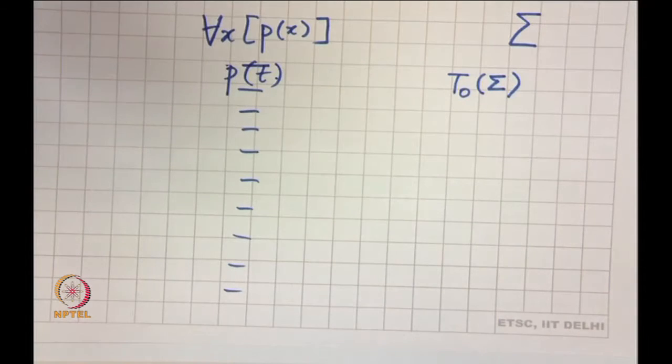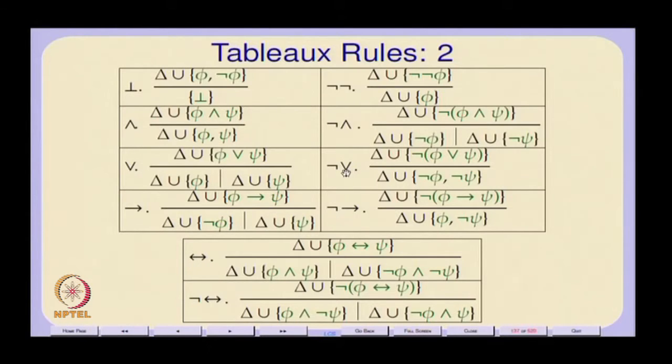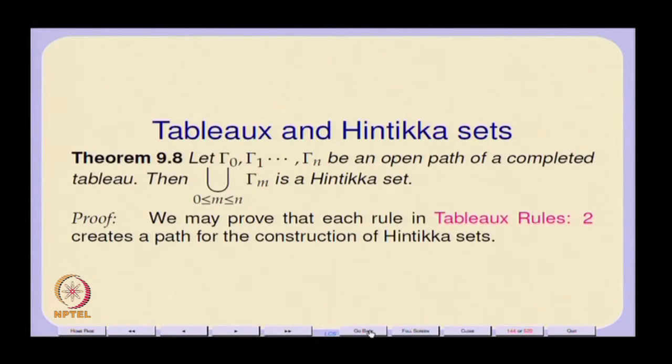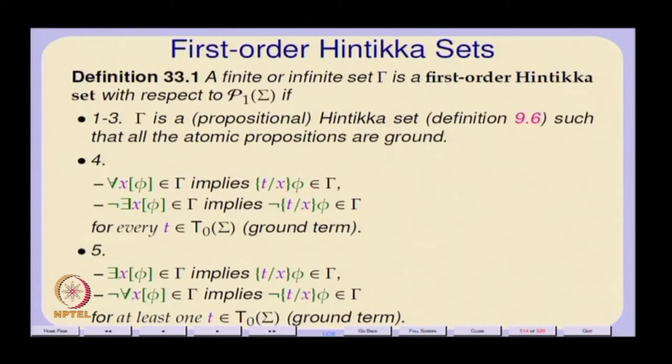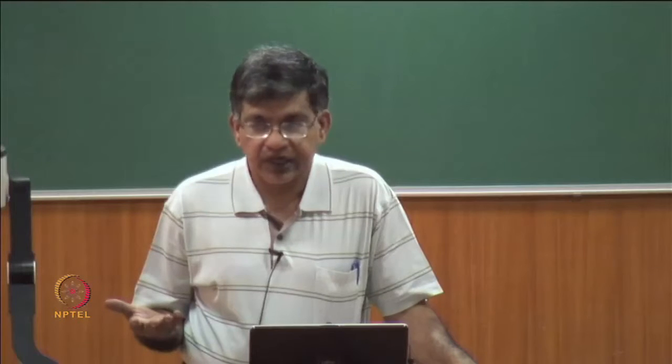So while it was possible in propositional logic to have finite Hintikka sets, in predicate logic the moment you have a universal formula or the negation of an existential formula, you are going to have only infinite Hintikka sets.